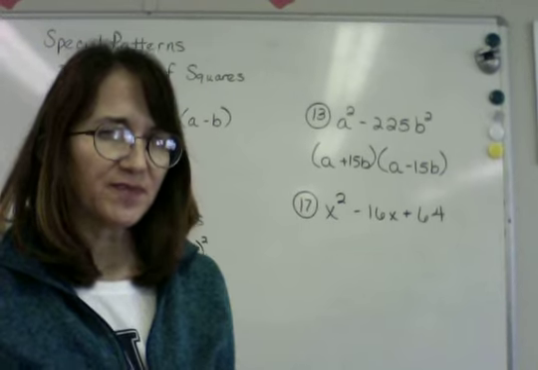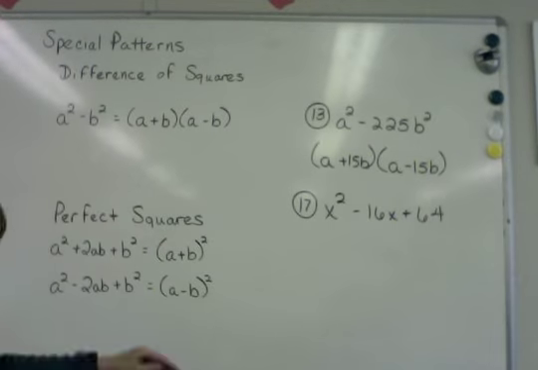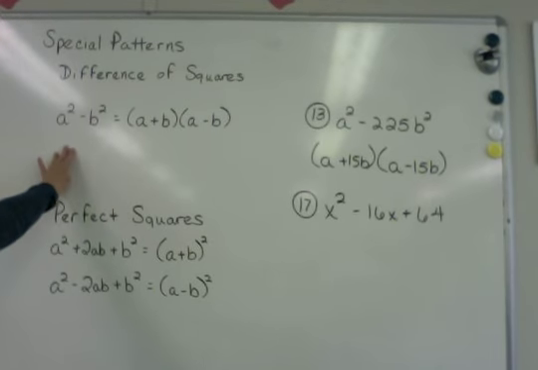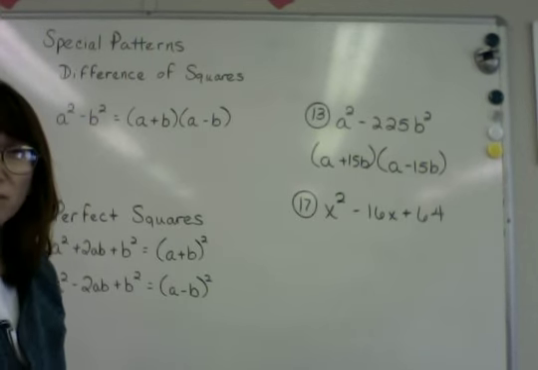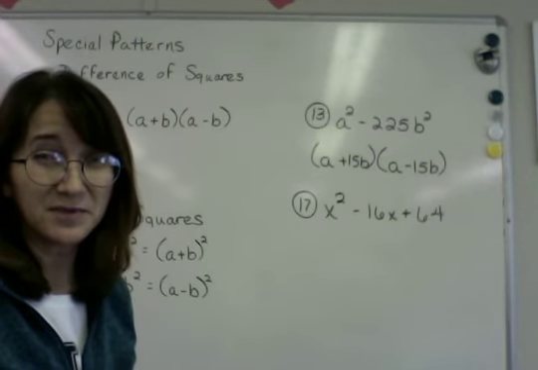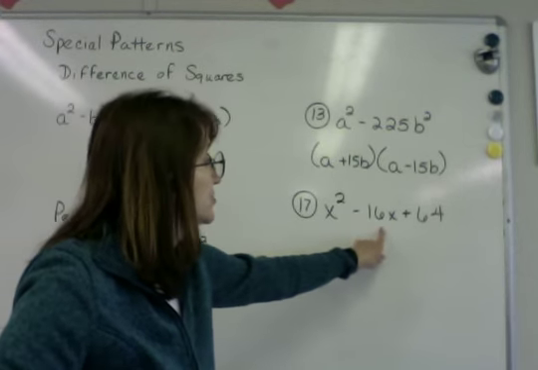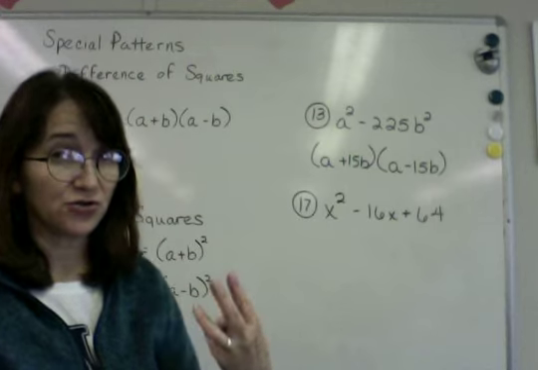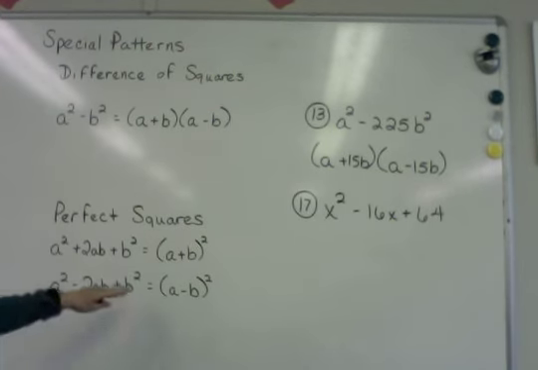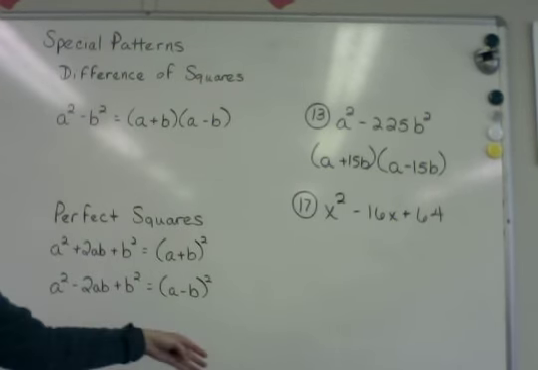So let's look at our special patterns. Is it a difference of squares, or would this one be a perfect square? Well, difference of squares would end up becoming a binomial, so this one is 1, 2, 3 terms. That's a trinomial. It looks more like a perfect square.